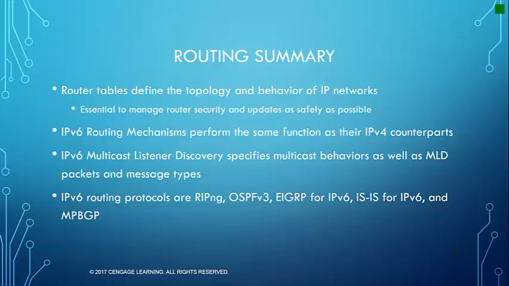And IPv6 uses multicast rather than broadcast to send a single message to multiple nodes. The IPv6 nodes then listen for only those multicasts that are sent to their group or device type.